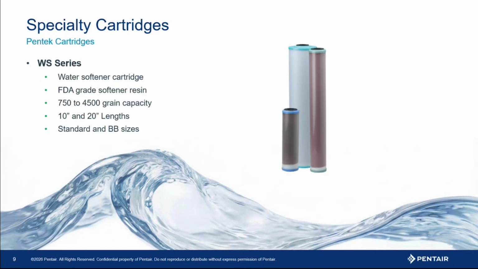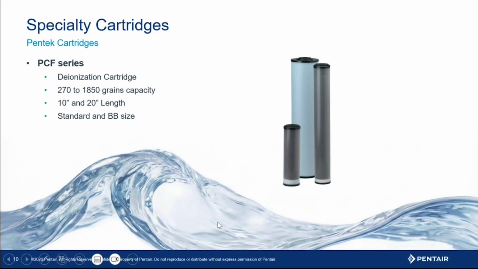This may even work on humidifiers for people in their basements and things like that for softening that water if they don't have a present softener. These are FDA grade resins used in these cartridges as well. And then we also have a deionization cartridge. If you're using the standard drinking water, or our own RO, you follow it up with one of these, you can produce rather good quality laboratory quality water for the home hobbyist who may be a brewer or a distiller.